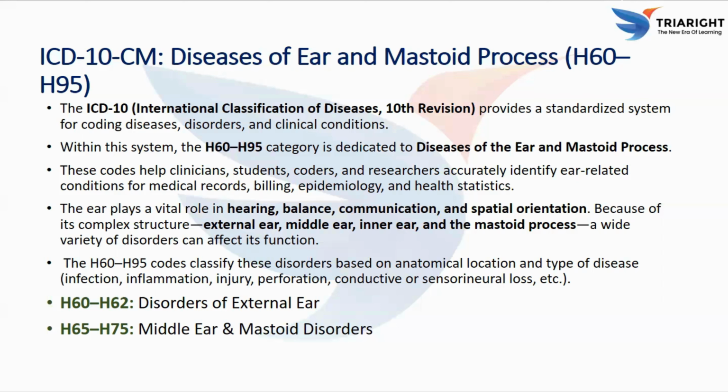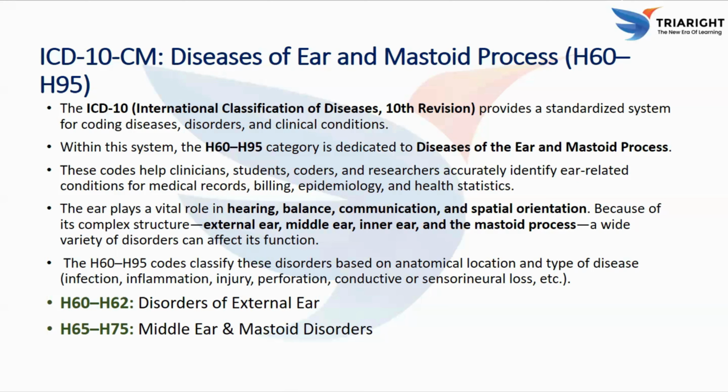So what is the purpose of H60 to H95 codes? These codes help clinicians to document the correct diagnosis, coders to assign accurate codes for billing, students to understand the disease classification, and researchers to track ear-related health statistics.